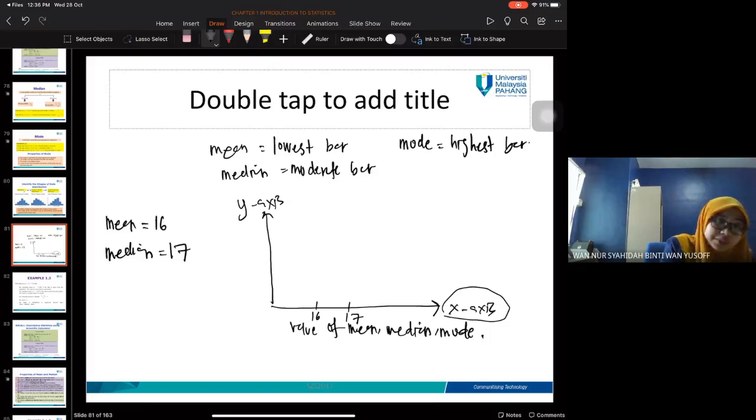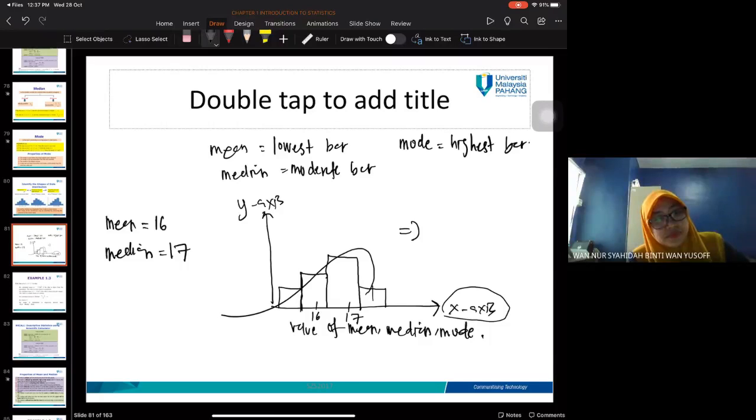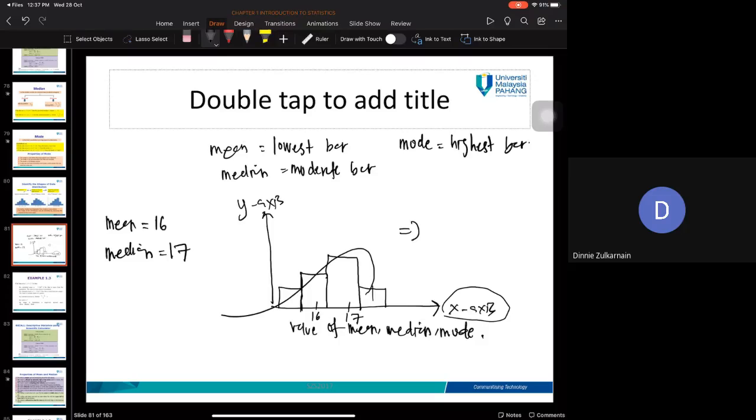The mean is the lowest bar, and the median is a moderate bar, higher than the mean. We add another bar just to see what shape we have. What shape do we have here? Negatively skewed, or left skewed. That's it. Left skewed.